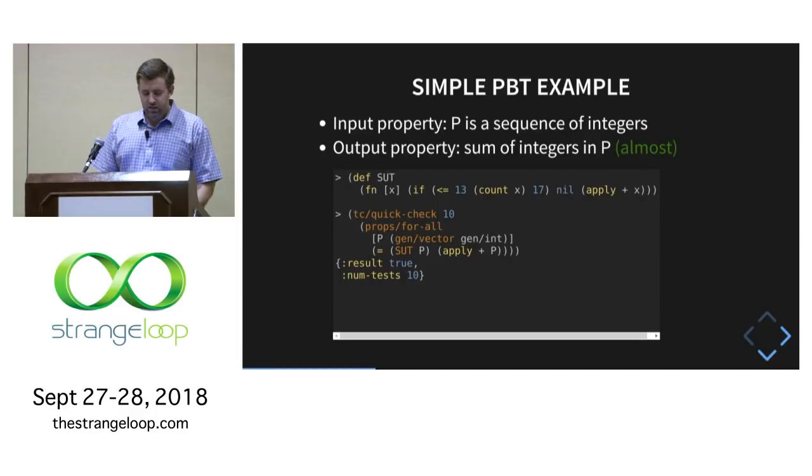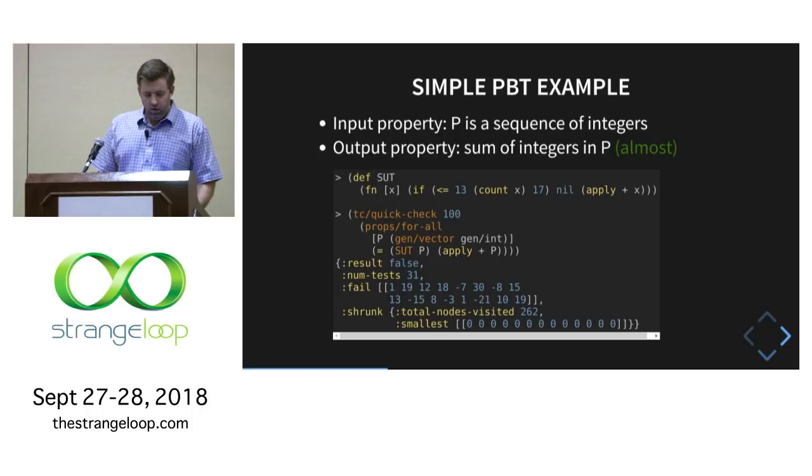So let's change that a little bit. Let's introduce a bug in our system under test so that if the system under test is run with a sequence of integers that's between 13 and 17 long, then the result will be a nil value instead of the sum. Our properties remain unchanged. We can see that running 10 test iterations with this new buggy system under test still passes, and the reason is because the size value didn't generate a sequence that was long enough to trigger the failure.